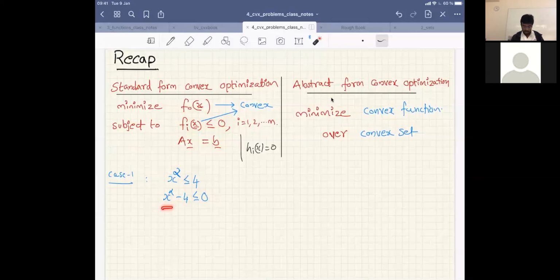So here, of course, this is a function of this form, and this is convex. Or in other words, we can also examine the set corresponding to this inequality. This implies that x is between -2 and 2. So we have the real line here, and x is in this region, -2 to 2. So this is a convex set. So this problem is convex.